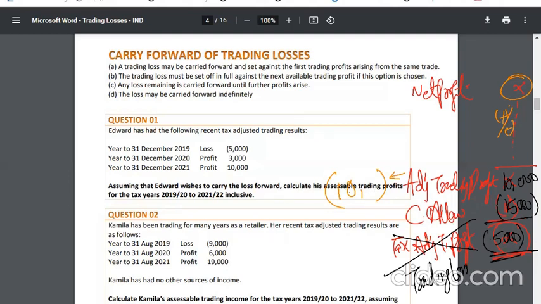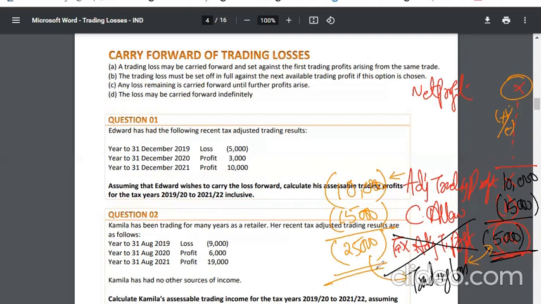So it's tax adjusted trading loss, not profit. And we do have capital allowance, let's suppose 15,000. Negative and negative, the sign will remain negative, so the answer is 25,000. This will also be known as trading loss.